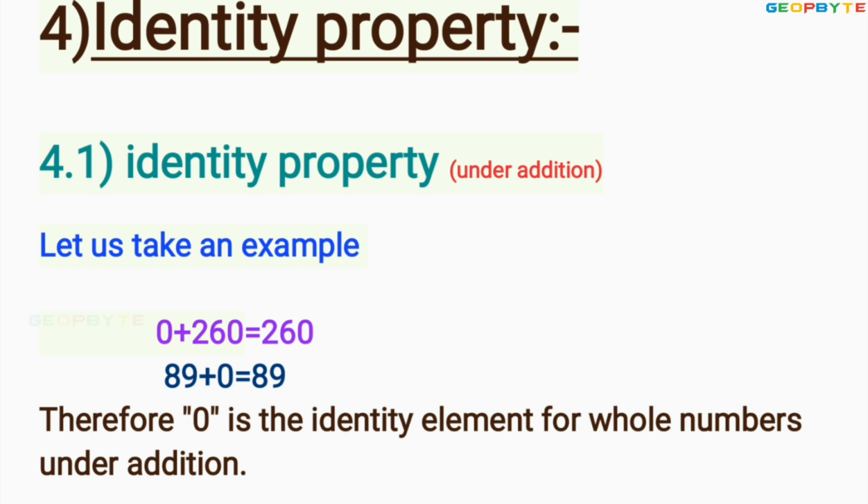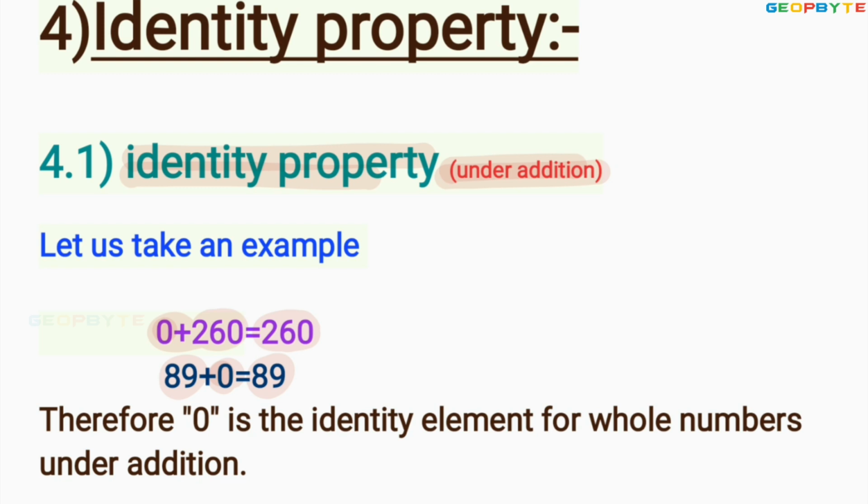First, let us take the identity property for addition. Let us discuss it with an example. Look at the example: 0 plus 260 is 260. Similarly, 89 plus 0 equal to 89.